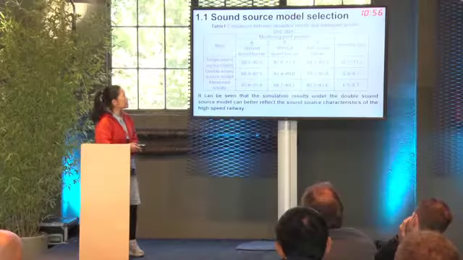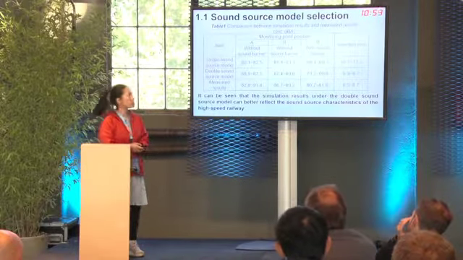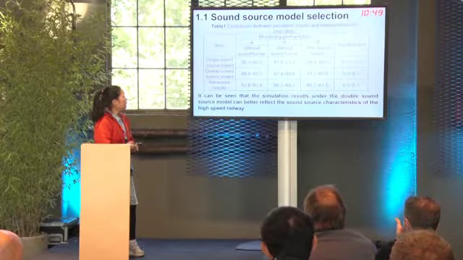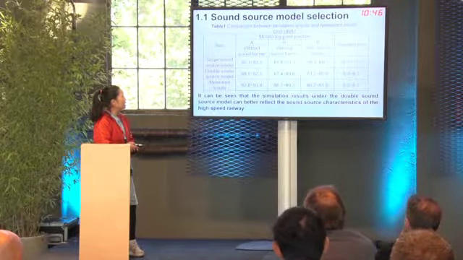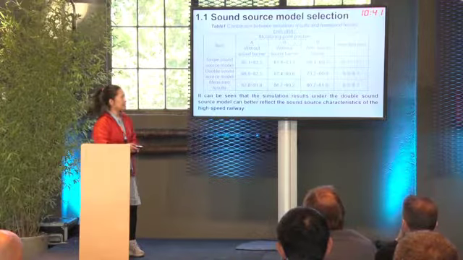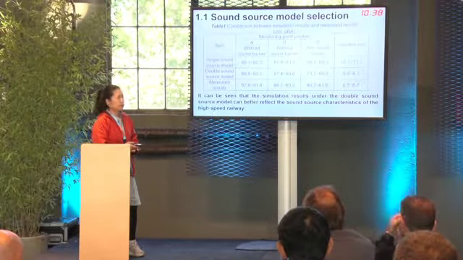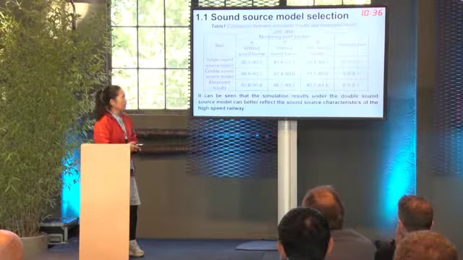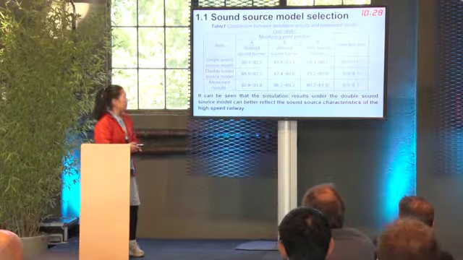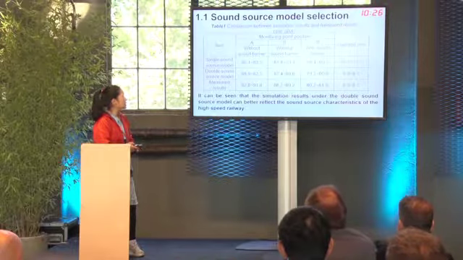This table shows the comparison between simulation results and the measured results. We can see the cases without sound barrier and with sound barrier, and we can calculate the insertion loss. There is a single sound source model and a double sound source model.